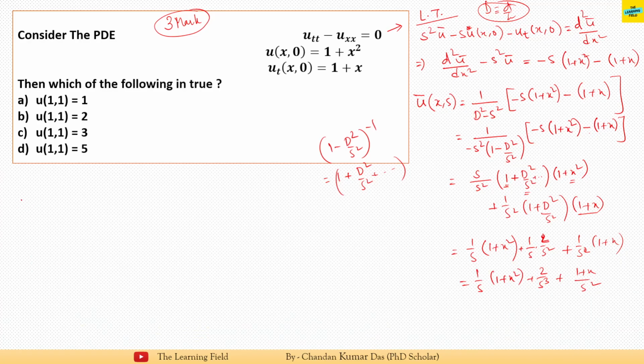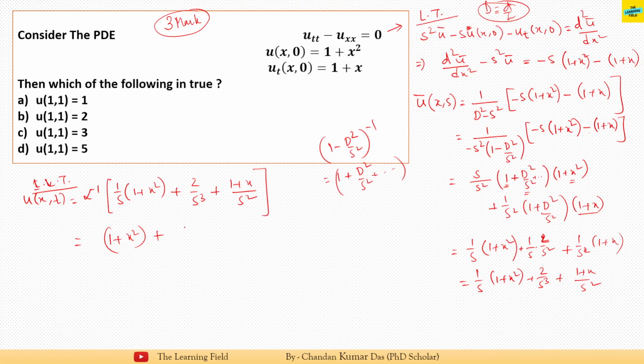Now if we take the inverse Laplace transform, u(x,t) is equal to L inverse of 1 by s into 1 plus x squared plus 2 by s cubed plus 1 plus x by s squared. The inverse Laplace of 1 by s is 1, so this is 1 plus x squared, plus 2 by 2 factorial into t squared, plus 1 plus x into t by 1 factorial, which is only t.